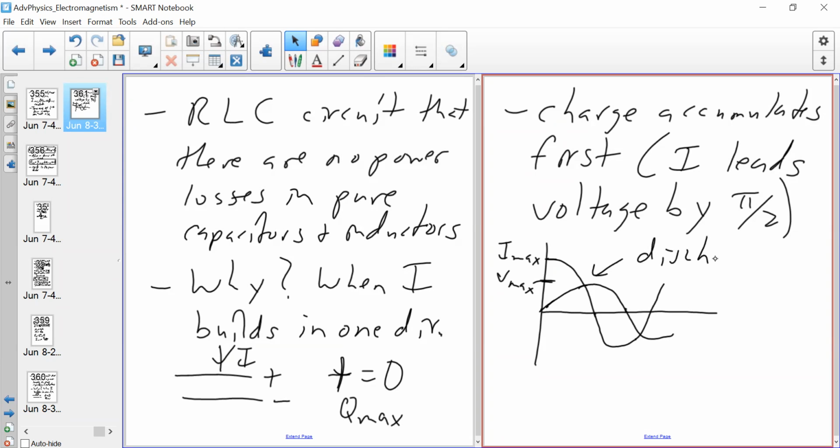So this is a discharge region, and when the capacitor discharges, there's no current, and we have maximum voltage.